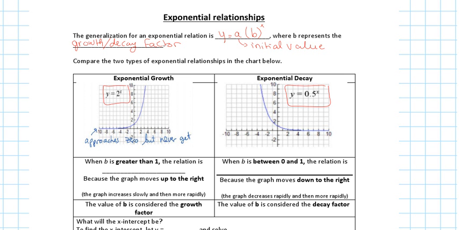So if b is greater than 1, then the relation is exponential growth. And if b is between 0 and 1, then we have exponential decay.